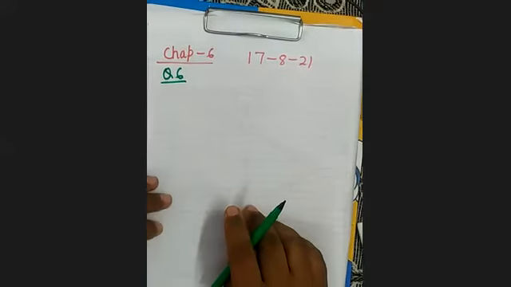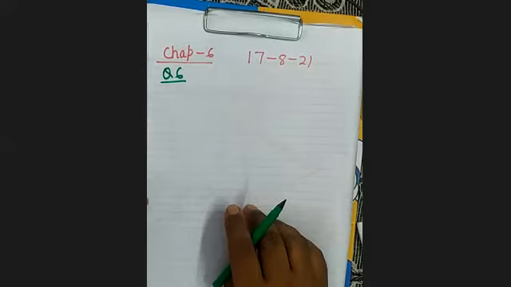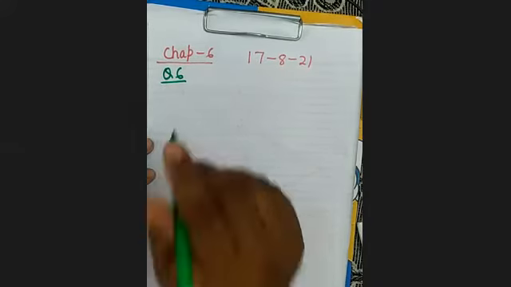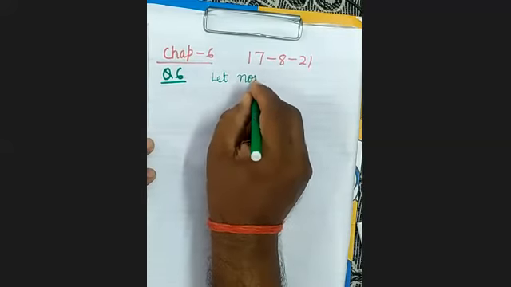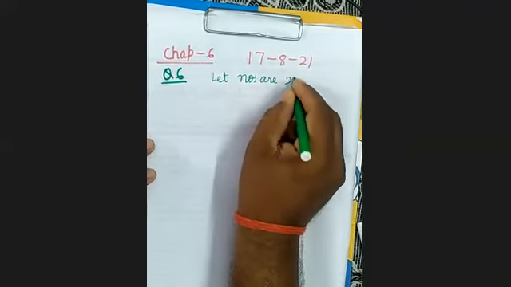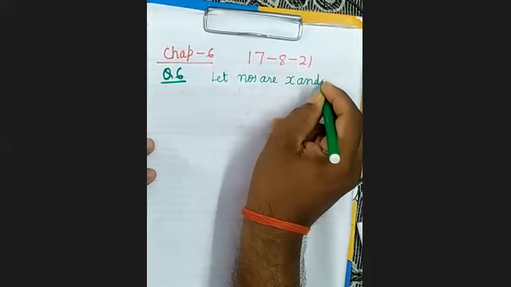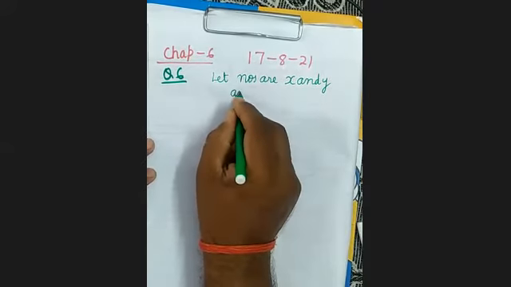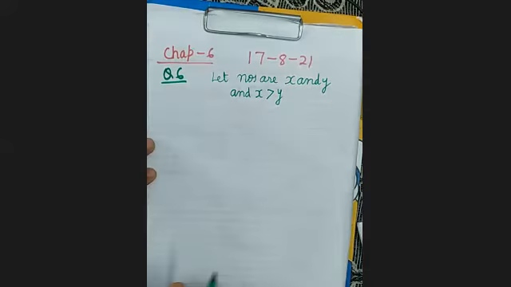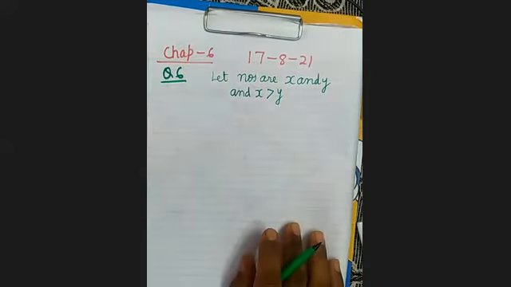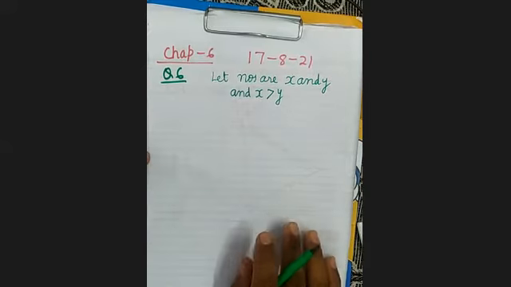If from twice the greater of two numbers, 16 is subtracted, the result is half the other number. So you assume the numbers are x and y, and x is greater than y.